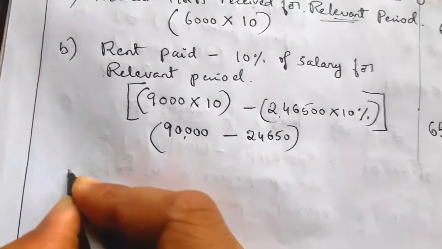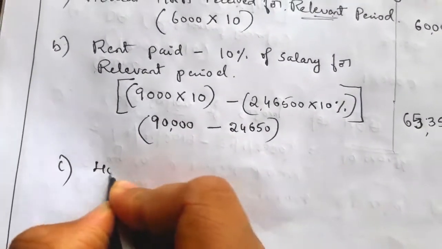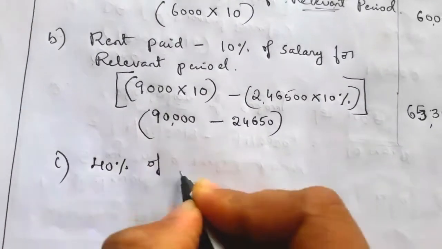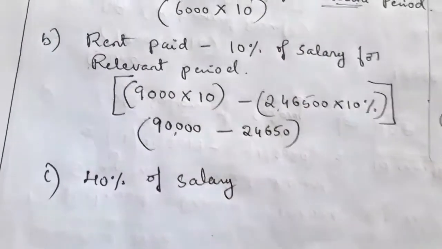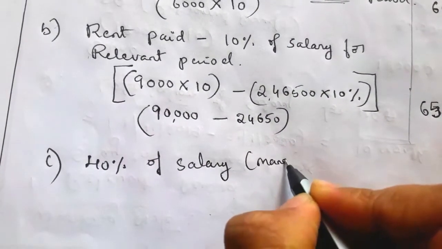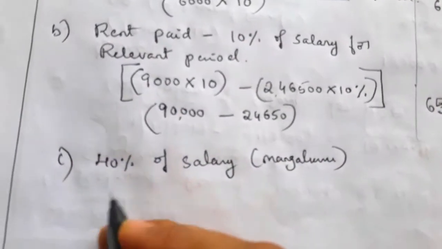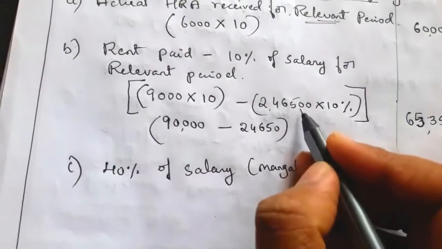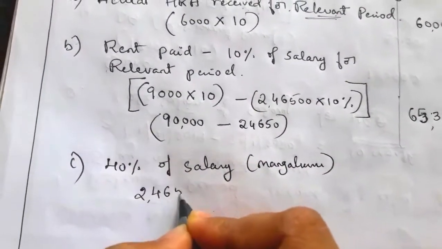And the third criteria here we have to take is 40% of salary. This is because the city is Mangalore. Working area is Mangalore, so we have to take 40% of salary. So total salary how much? 2,46,500.